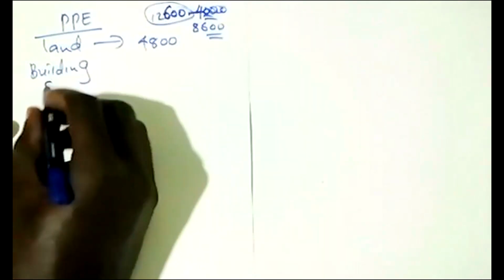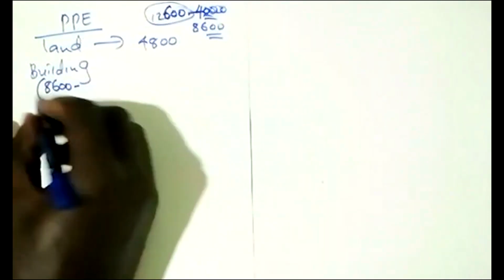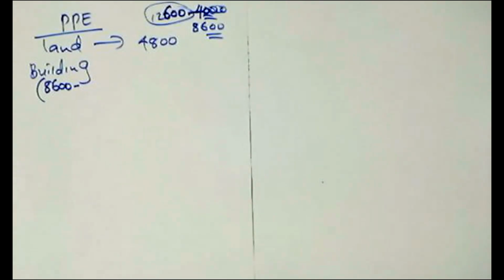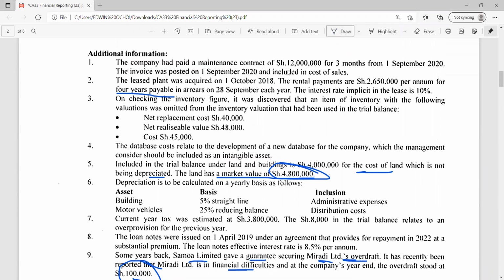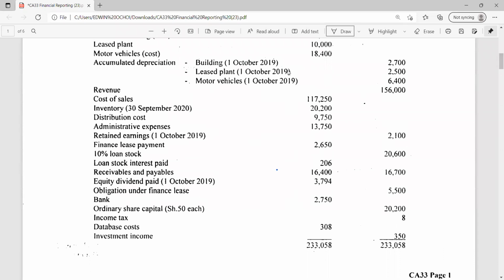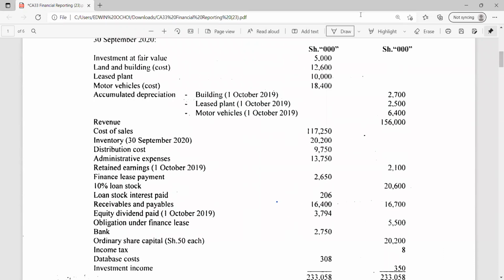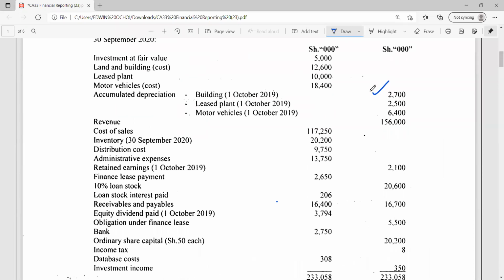So here we have buildings 86. So we minus accumulated depreciation, then depreciation for the year. Remember that the building was being depreciated. So accumulated depreciation is here. So building 27.